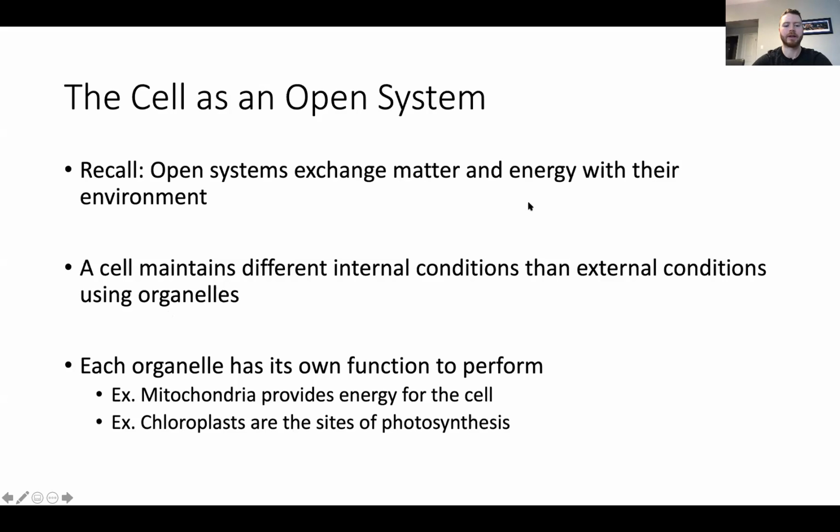So we have specialization within the cells themselves, and these organelles will allow cells to carry out particular functions. For example, the mitochondria provides energy for the cell, and remember, it is the powerhouse of the cell. And chloroplasts in plant cells are going to be the sites of photosynthesis.